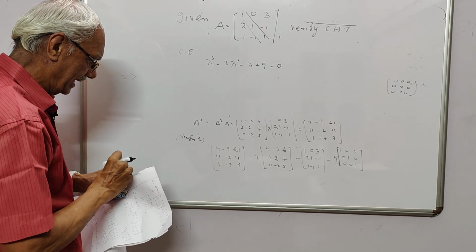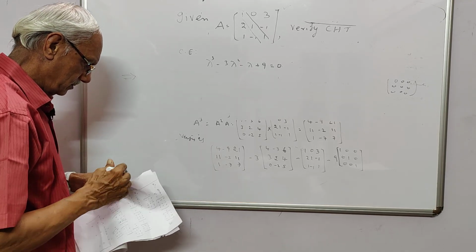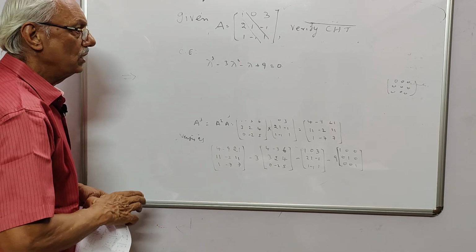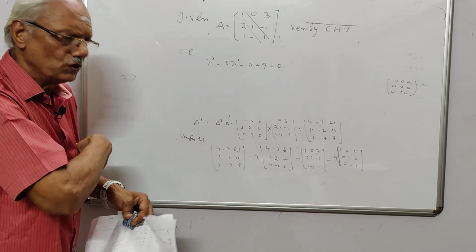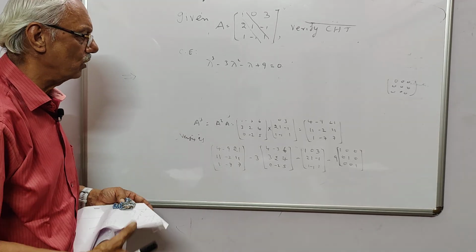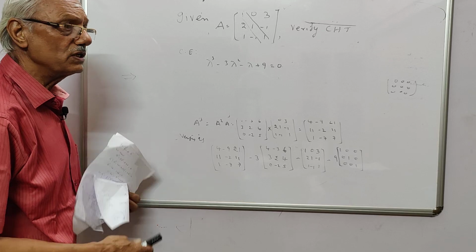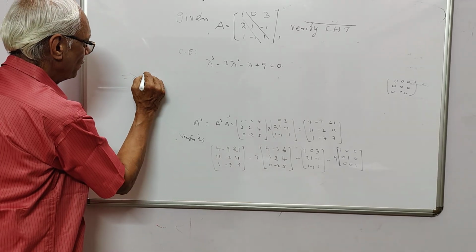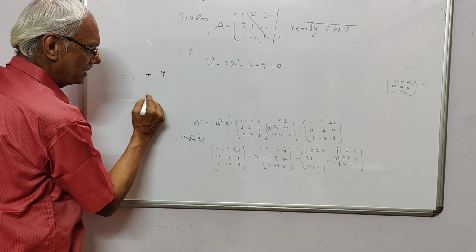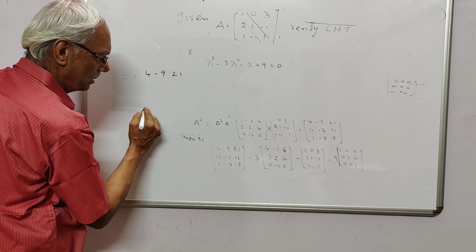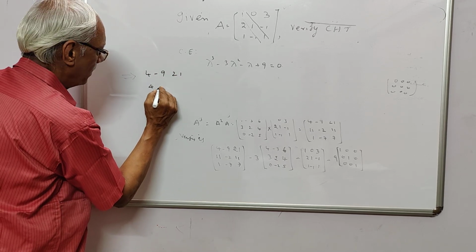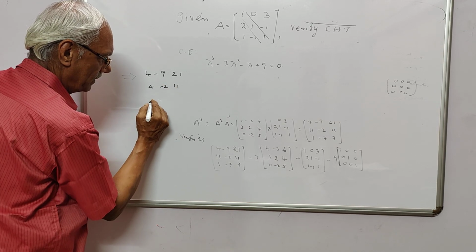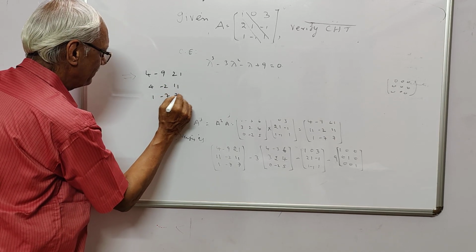So you have to be very careful doing this numerical work, otherwise you will get things wrongly, and your characteristic equation must be properly found, otherwise you will get it wrongly. So it is 4 minus 9 21, 4 minus 2 11, 1 minus 7 7.